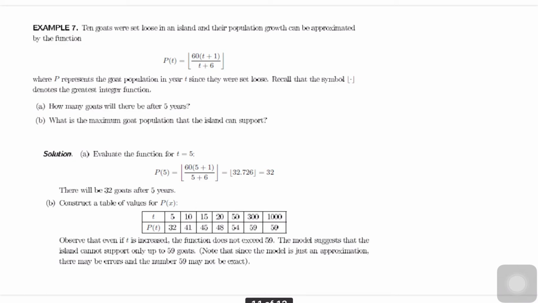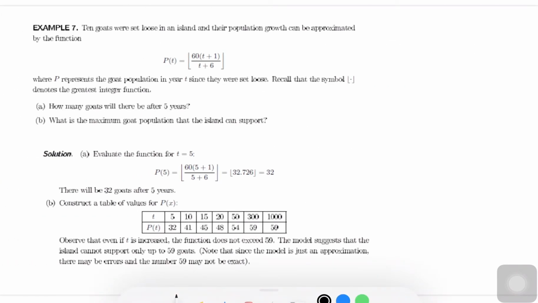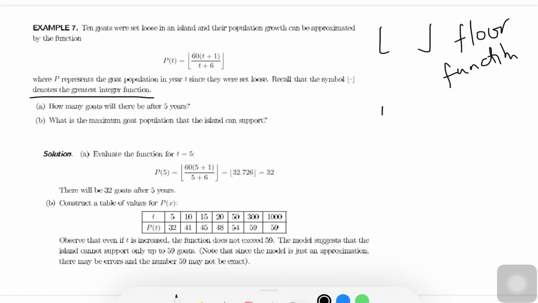So, example 7, I think this is the last. 10 goats were set loose on an island, and their population growth can be approximated by this. Now take note, this is a symbol for the floor function. It denotes the greatest integer function, or we call that the floor function, meaning we always round down.